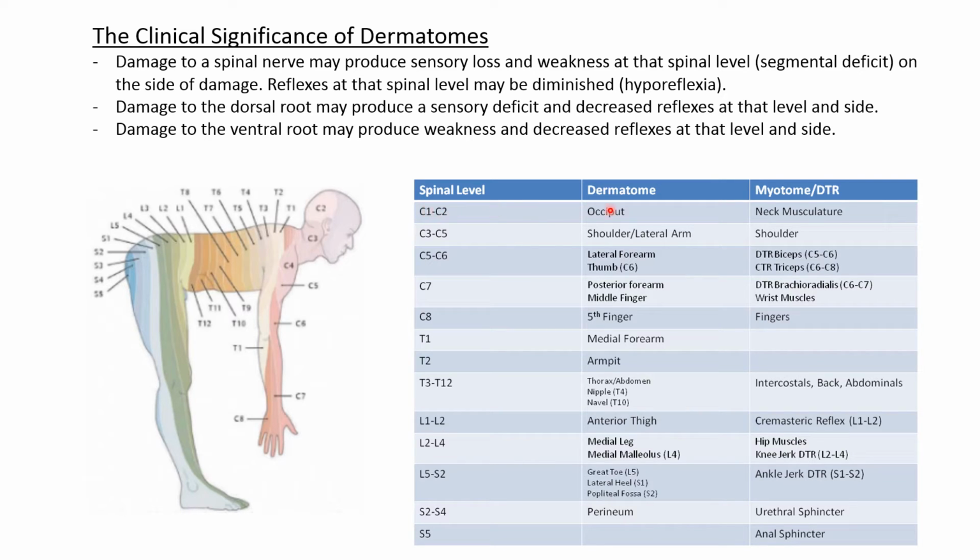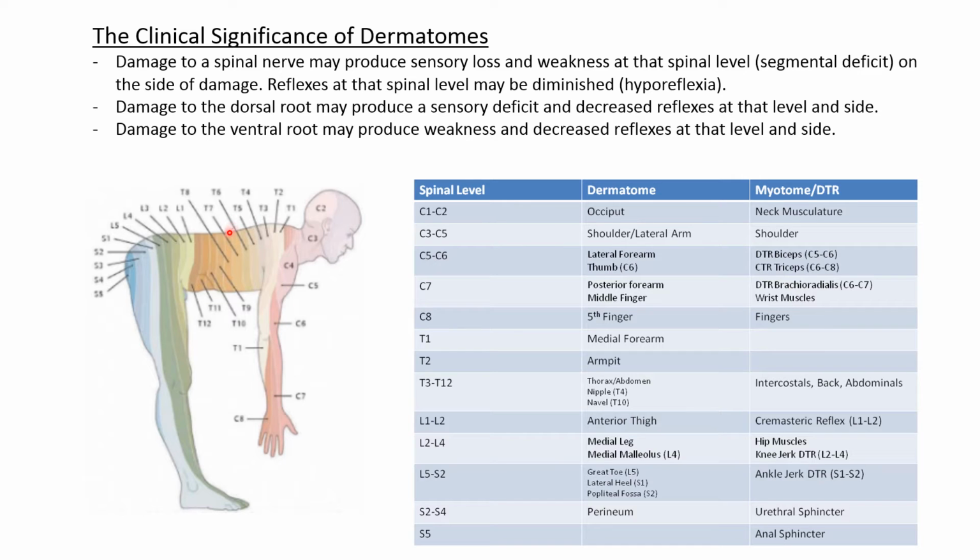The significance of those dermatomes is that if there's damage to one spinal nerve at one level, it will affect sensation from that portion of the body that is a dermatome that feeds into that spinal level, so that it's C1, C2, it's the occiput, and so on, C3, C4, down to 5, the shoulder and lateral arm, and in particular C5 through C7 and 8, various portions of the arm and the hand.